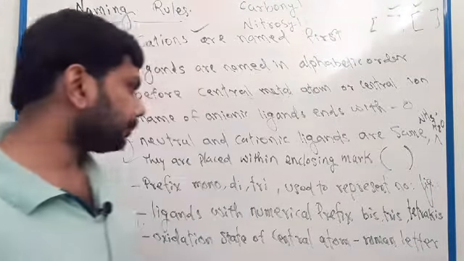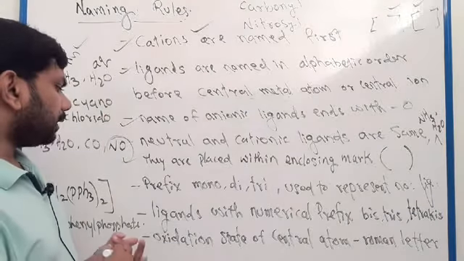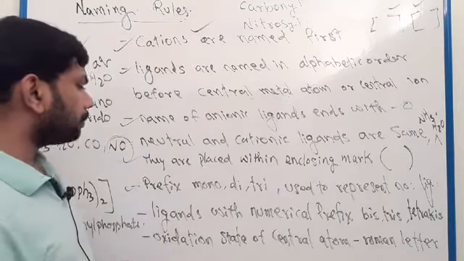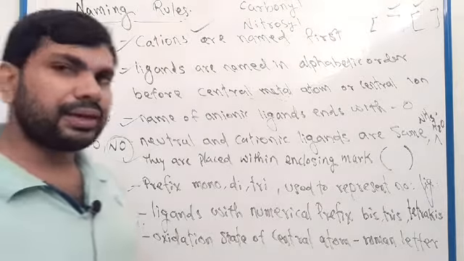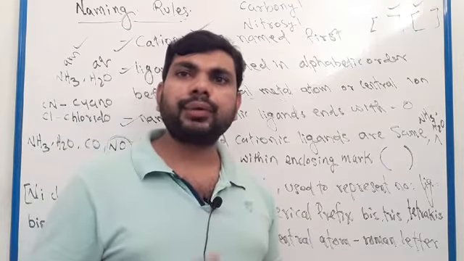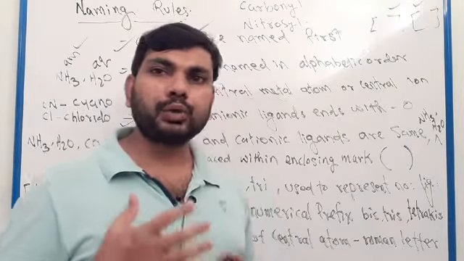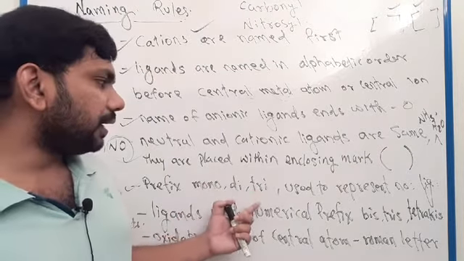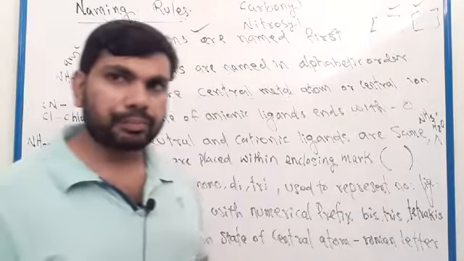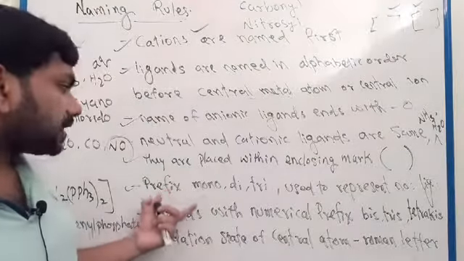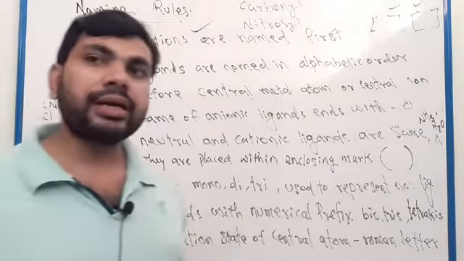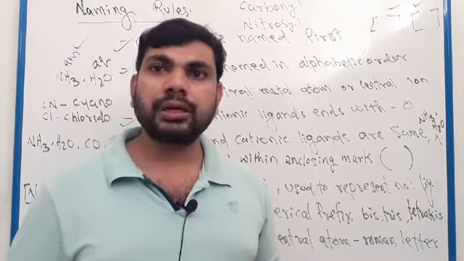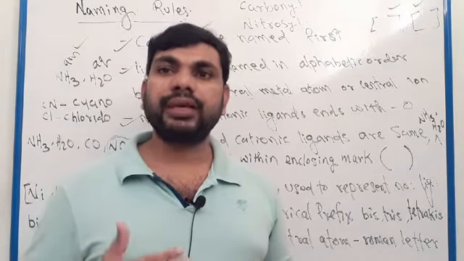Okay, and here another one: the number of ligands we have to mention with the prefixes di, tri, tetra, etc. Okay, so here the prefixes mono, di, tri, etc. are used to represent the number of ligands.